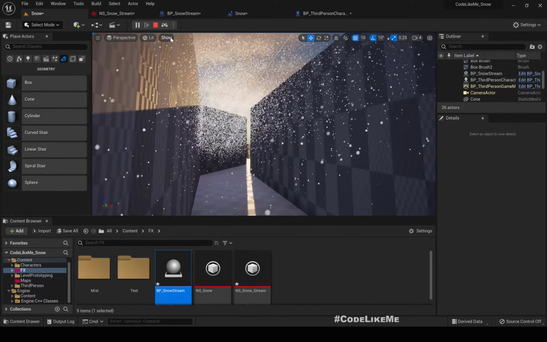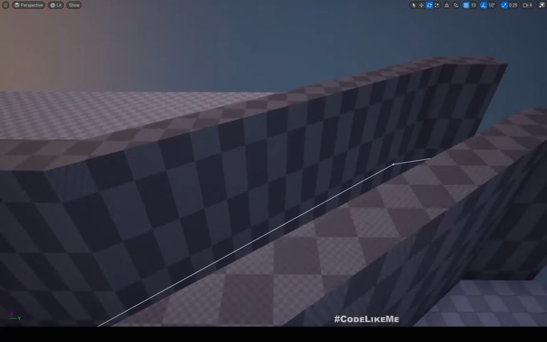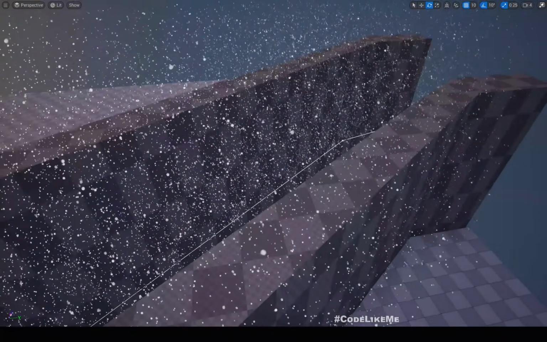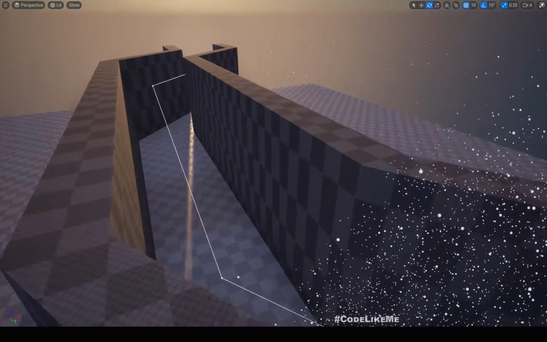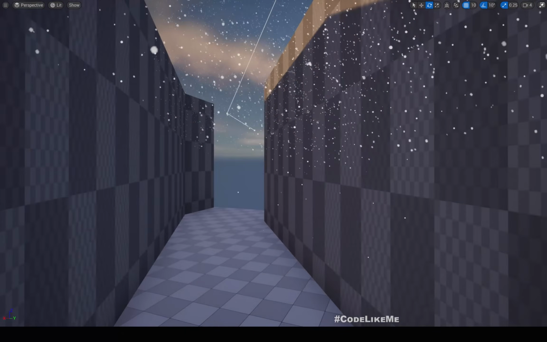Right, now that problem is not there anymore. But as we look around it seems to appear and disappear.